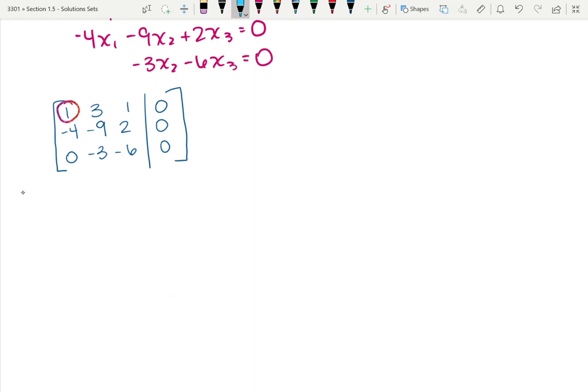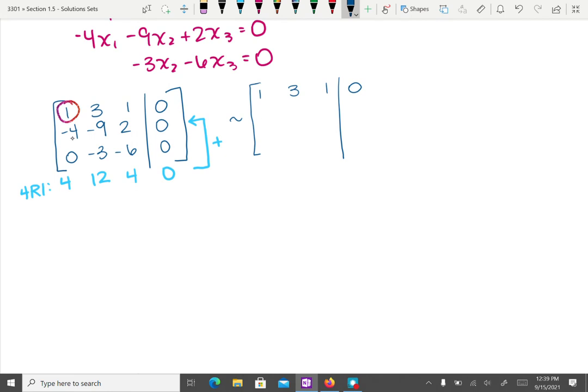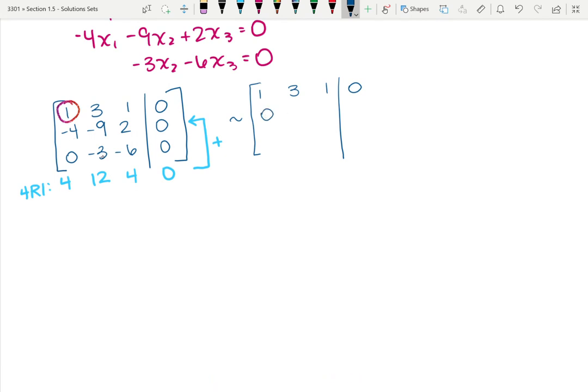Okay, so I'm going to do 4 times row 1. So 4 times 1 is 4, 4 times 3 is 12, 4 times 1 is 4, and 4 times 0 is 0. Then we add that to the second row to get a new row 2. We get 4 minus 4 is 0, 12 minus 9 is 3, 4 plus 2 is 2, 0 plus 0 is 0.